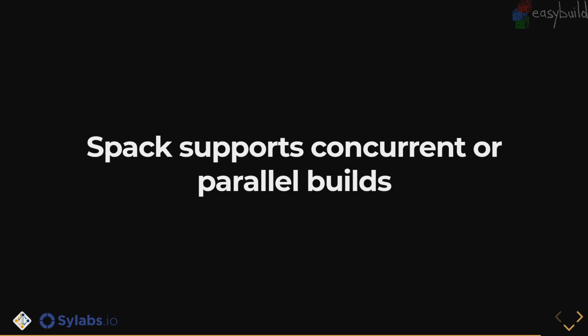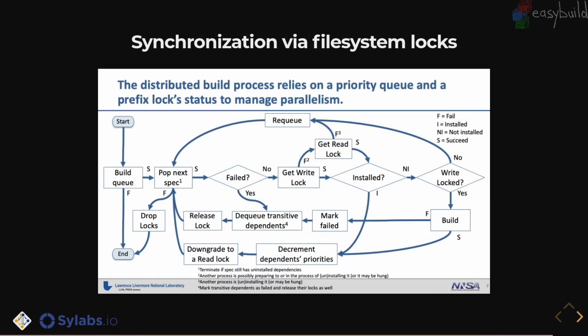So you can have basically multiple Spack processes that proceed independently, and they coordinate with each other via file system locks. So what this enables is, in a couple of words, to send a batch job and say srun spack install some software. You will spawn a few processes.